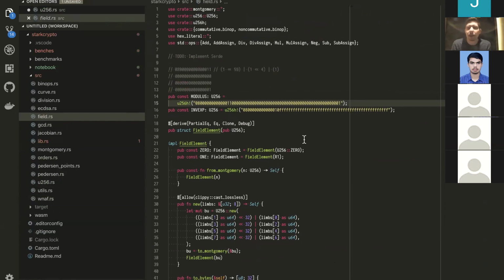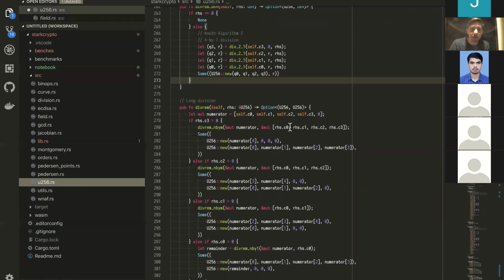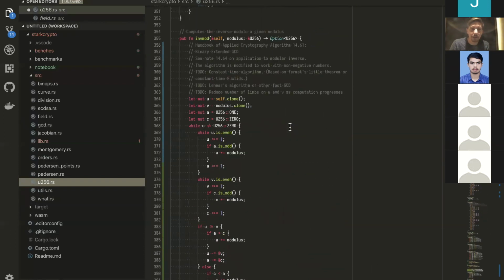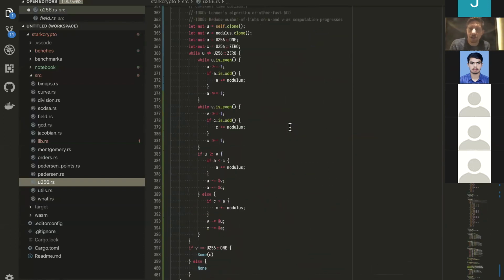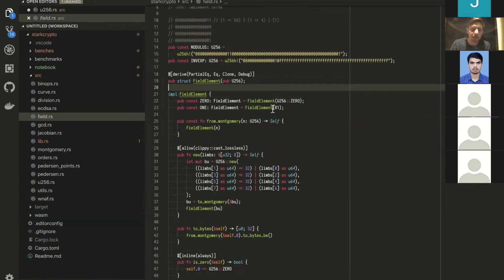Okay, so now we have our U256 implementation. You can start with binary GCD to have a modular inversion in there. Then you get to the field element itself that you're implementing, which starts with having a modulus, which is specified as a constant of your U256 type. It's also common to store the modulus minus 2 to do the Fermat's little theorem based inversions if you need it.